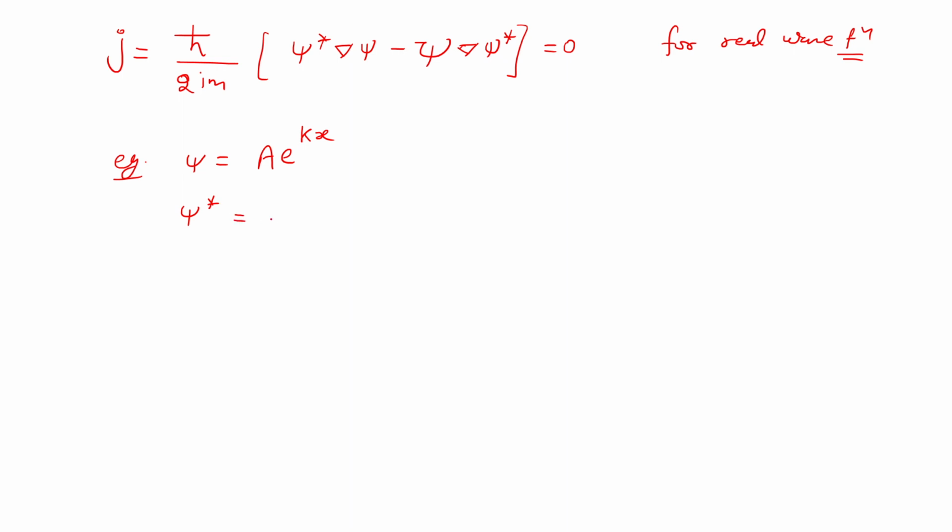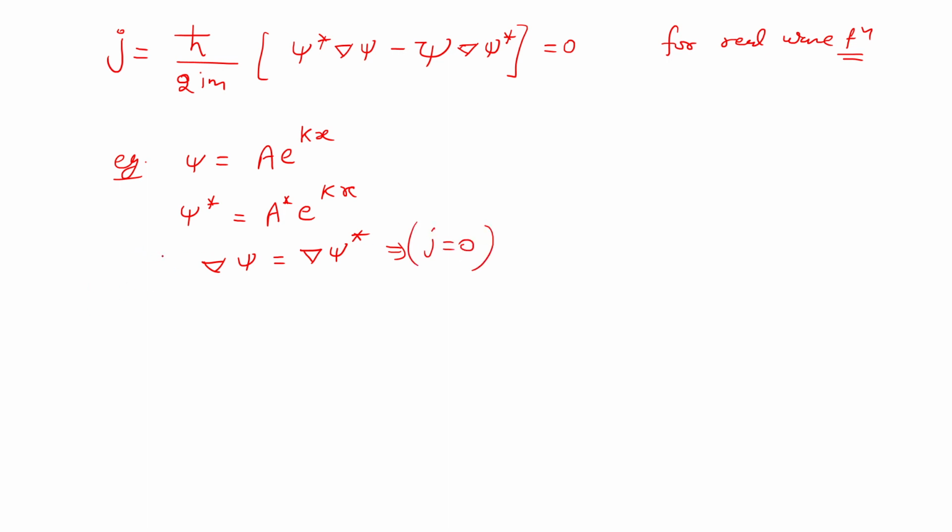Its psi star will also be the same because this is a real function. You can change the constant to a complex constant, but the exponential part remains the same. So if you find del psi or del psi star, both are the same. Del psi will be equal to del psi star. Then we don't have to calculate anything. We can just see psi star is similar to psi. Just the constant is there, but a times a star will be mod a squared, so this will again be real. So everything will cancel out each other. So in that case, J is always 0.